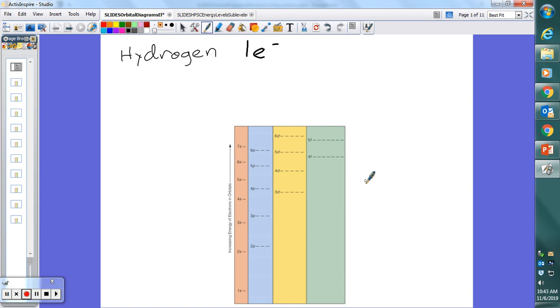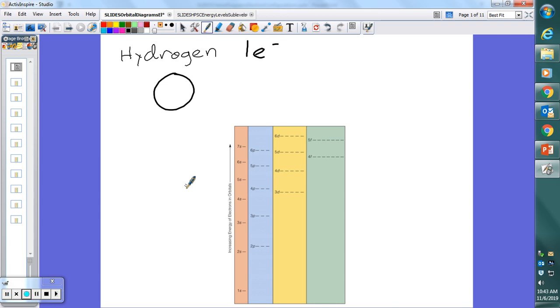So here we're going to start off, and we're going to draw something to represent our first orbital. I'm going to draw a circle to represent my first orbital, just a blank circle right now. But like we talked about on the drawing that we drew at the beginning of this week, there are tons and tons of orbitals, but not all of them have electrons.